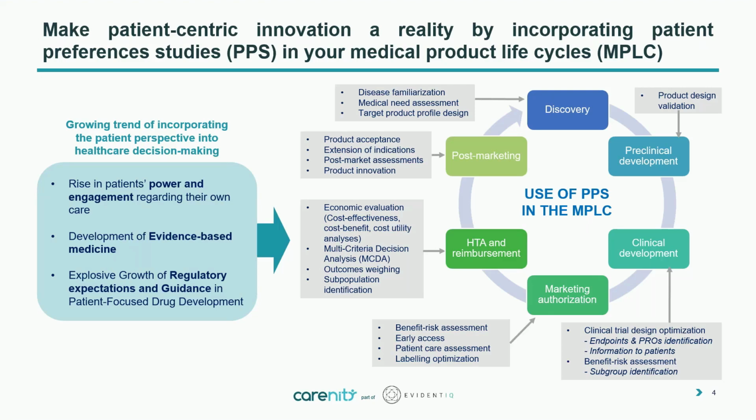Finally, during the post-marketing phase, assessing patient preference might be used for having an extension of indication or for marketing innovation. The objective of today's training is to provide an overview of preference study methodologies focusing on the DCE. We will also share our experience on how to optimize DCE design to improve the quality of your patient studies.